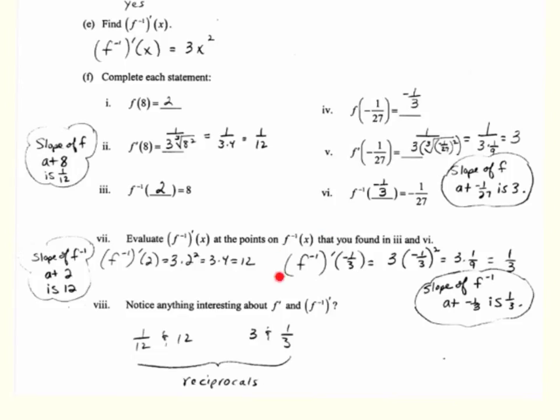So when evaluating the inverse function at negative 1/3 and taking the derivative, we get the reciprocal slope of 1/3, which goes with that 3. So again, kind of matching up the inputs with the outputs and evaluating the inverse's derivative at the original output of f to generate the reciprocal slope of f prime. Hope that came out right.